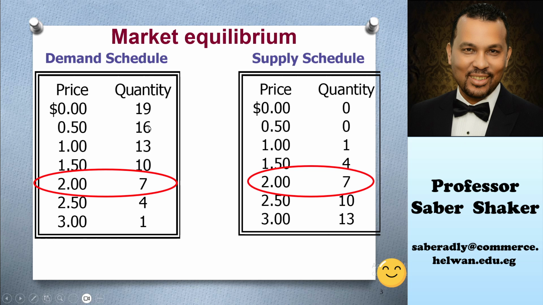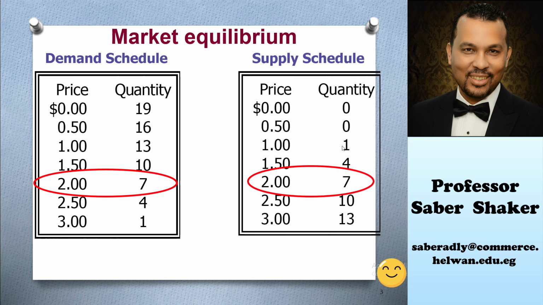So there is a negative relationship between the price and the quantity demanded, all other factors constant. What about the market supply or supply schedule? When the price equals 0, quantity is 0. When the price equals 0.5, quantity is 0. When the price equals 1, the quantity is 1. So as the price increases, quantity supplied increases. So there is a positive relationship between quantity supplied and price, all other factors constant.